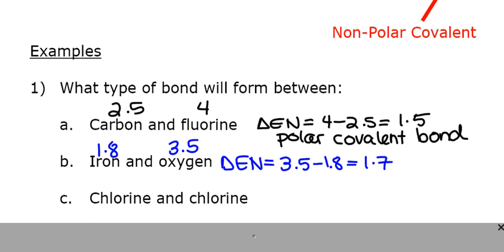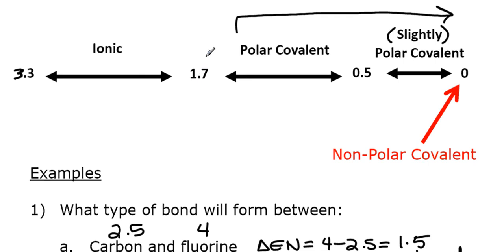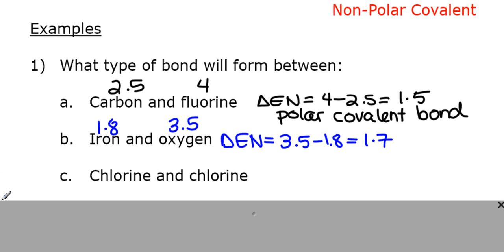Now if you remember, 1.7 is kind of like that midpoint here. So what happens if it is exactly 1.7? Then you're going to look at what type of elements you have. Ionic is a metal and a nonmetal, and polar covalent are 2 nonmetals. So down here I see iron is a metal, oxygen is a nonmetal, so this means I have an ionic bond.